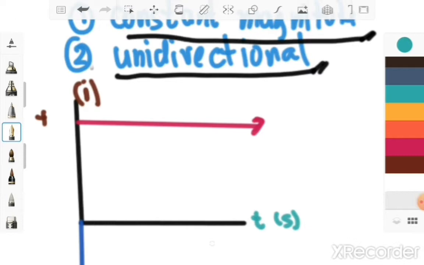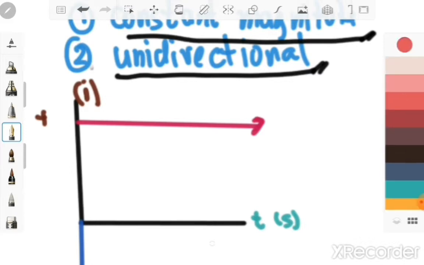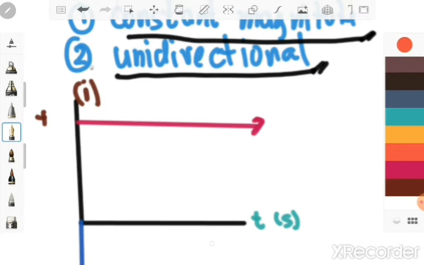So, when I said constant magnitude, at any time that you would substitute any value, at time equal to 1 second, your current is I. If your time is 2 seconds, the current in your 1 second is equal to that of 2 seconds.